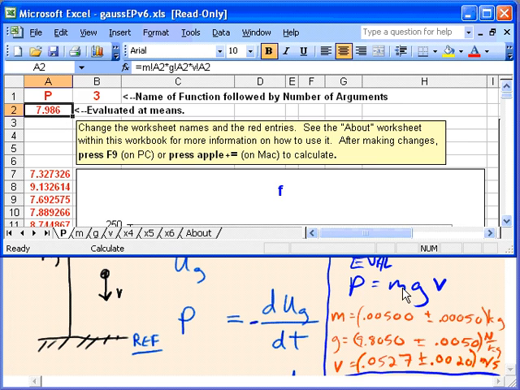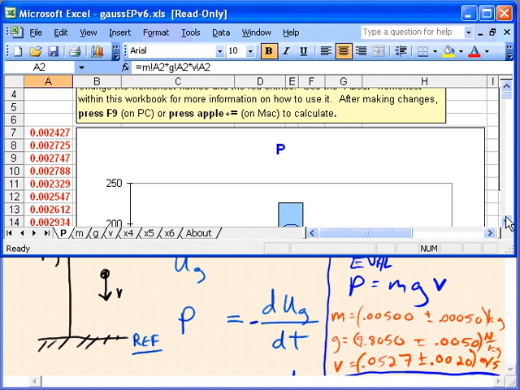Got to fix that up. Supposed to type in mgv. Oh boy, that's the default. It's 3 variables. I've got m, g and v, so that's already taken care of. And this formula already reads m times g times v. So all I've got to do is hit F9. So F9, just clicked on it, things changed.